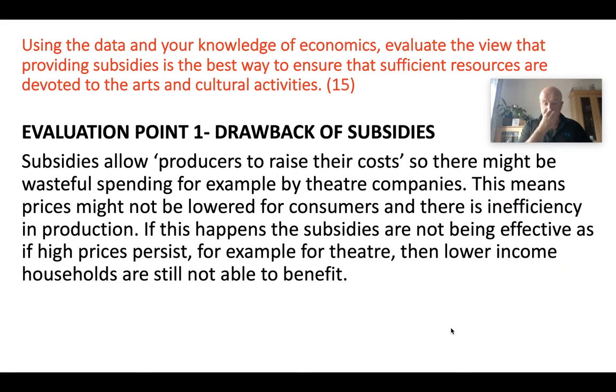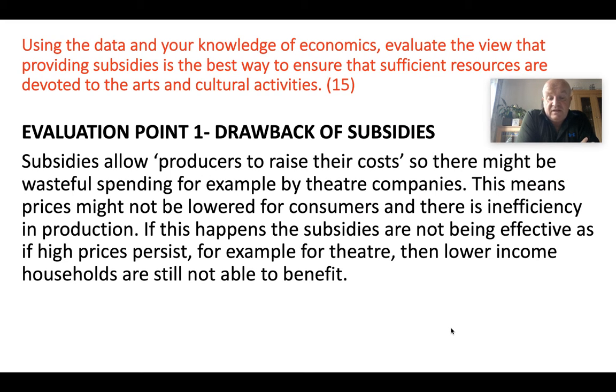So looking at some of the drawbacks then, again, we've mentioned that in some cases subsidies are going to essentially allow producers to raise their costs, so they might actually choose to spend in a wasteful way. In that instance, prices may not necessarily be lowered for consumers if there's any sort of inefficiency in production.